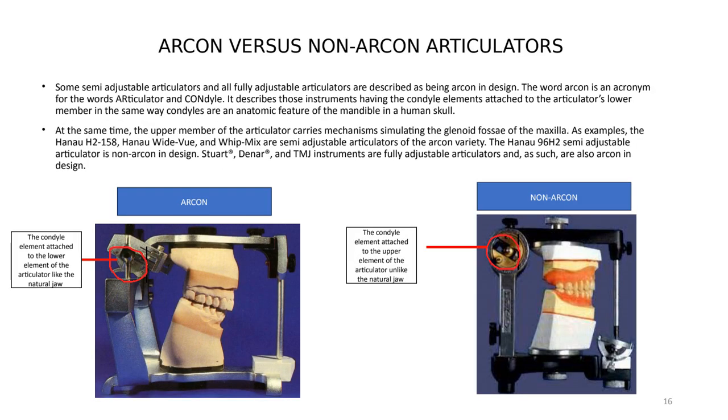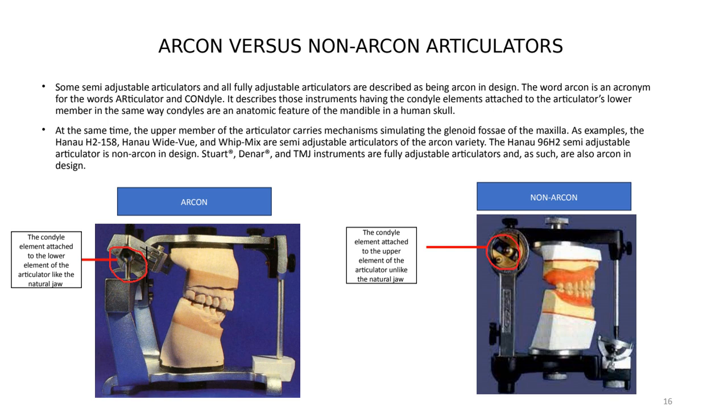Arcon versus non-Arcon articulators. This is something that you have to keep in mind and you have to learn, because this is very, very important. Not only is it used in the traditional, physical method of fabricating a restoration, but also in the digital CAD/CAM system.